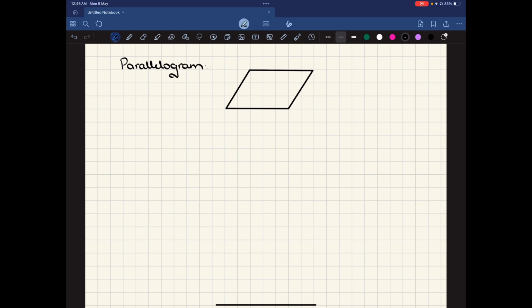So this line is parallel to this one, and this line is parallel to this one. So a parallelogram has 2 pairs of parallel sides.